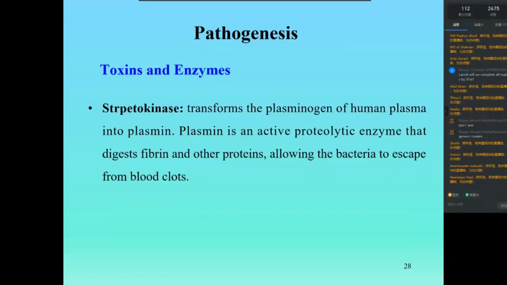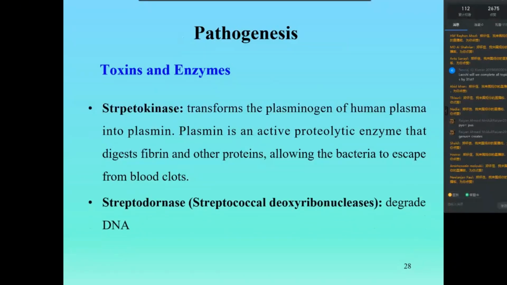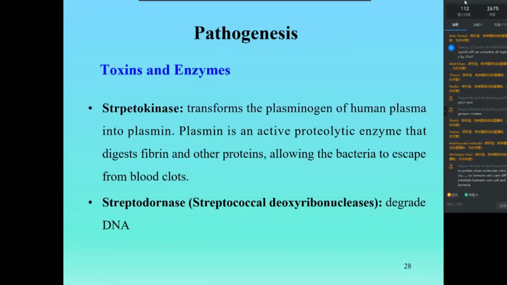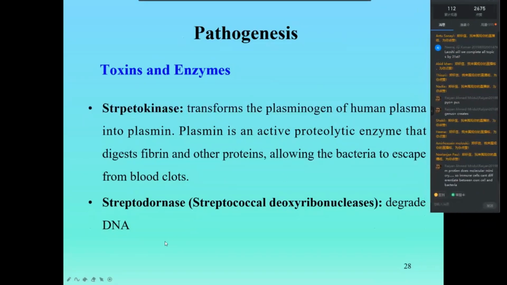It can stimulate the human immune response to produce anti-streptolysin O, short for ASO. So it can stimulate the immune system to produce antibodies. So it is antigenic. But streptolysin O can be rapidly inactivated by oxygen. So it's not stable in the presence of oxygen. So this is the first one.